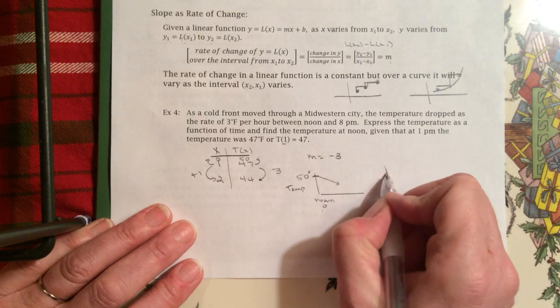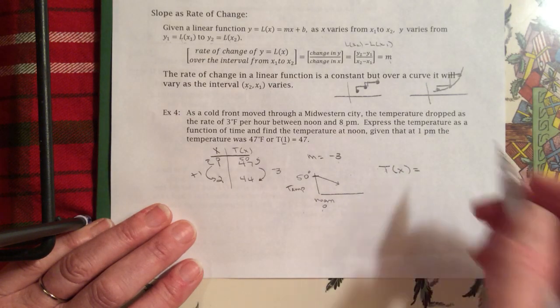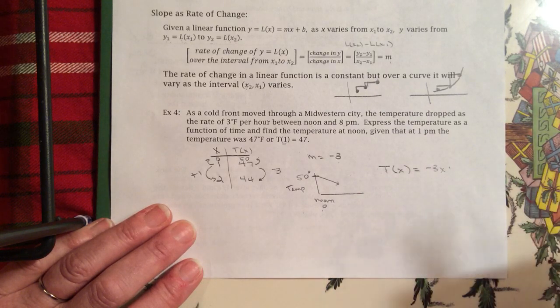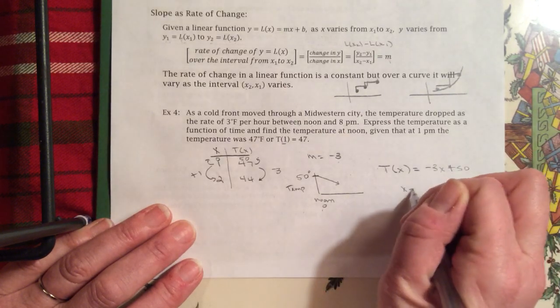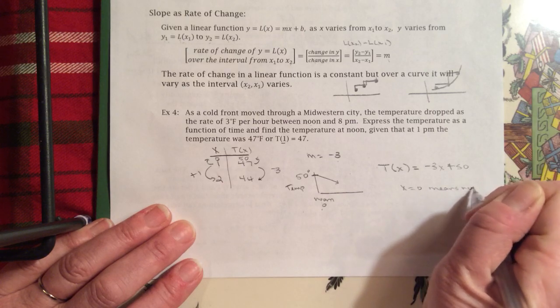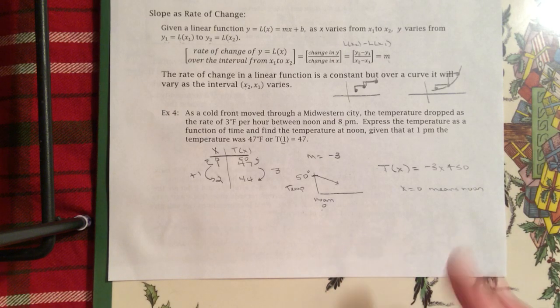So my equation for the temperature is going to be -3x plus 50. And then I have to state that x equals 0 means noon. So that's an important piece of information. So when I plug 0 in, I get 50 out. When I plug 1 in for 1 o'clock, I get 47 out.